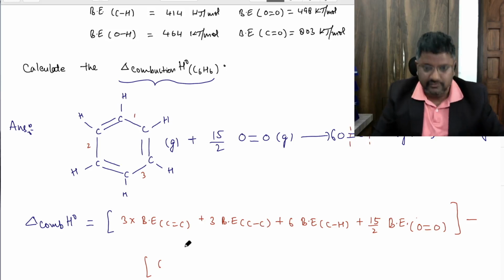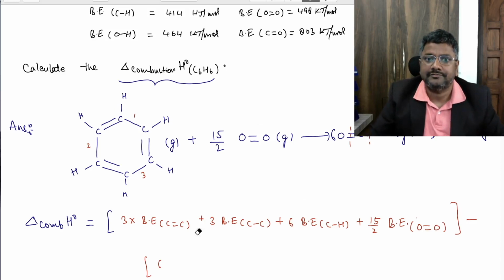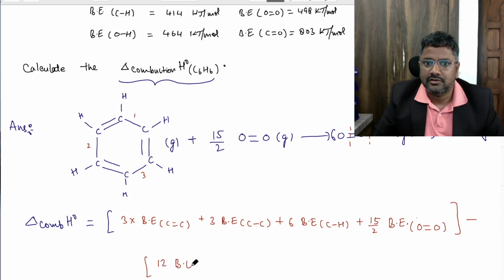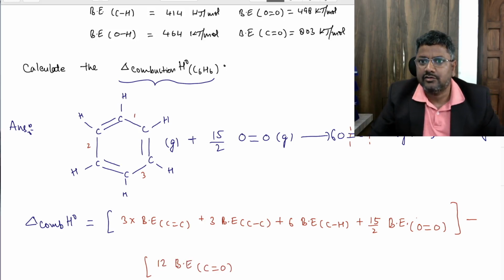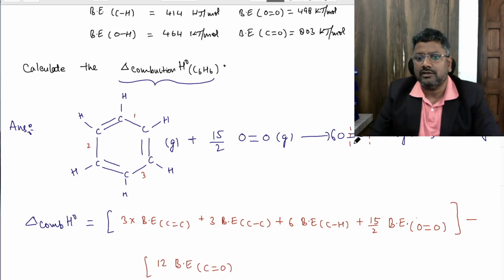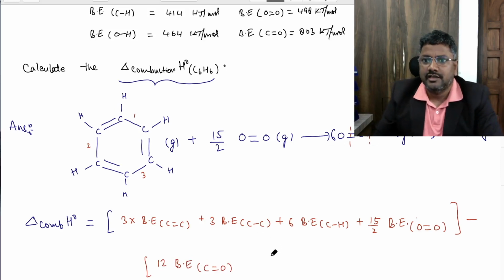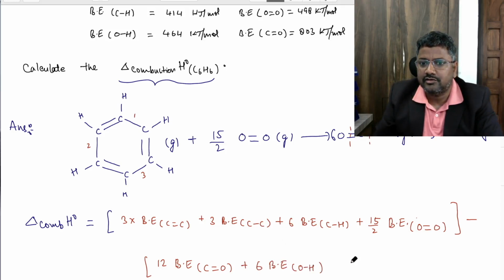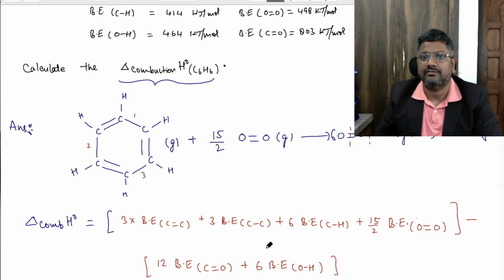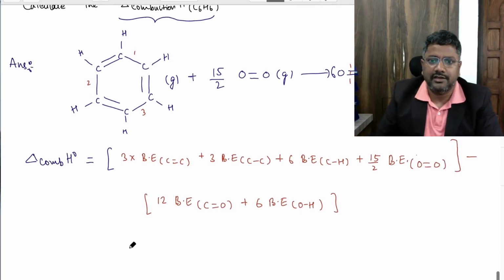So you should write here 12 into bond energy of C double bond O, right? 6 of this C double bond O, 6 of this, so total 12 carbon oxygen double bonds, plus 6 into bond energy of OH bond, right? So this is the total bond energy of product. Now put the value here and solve this.